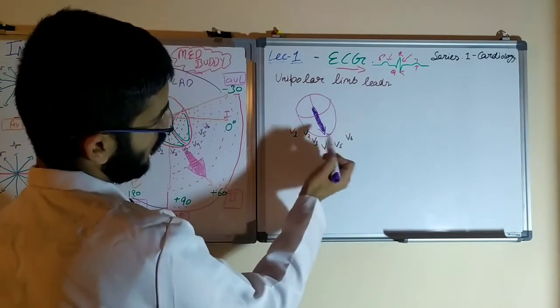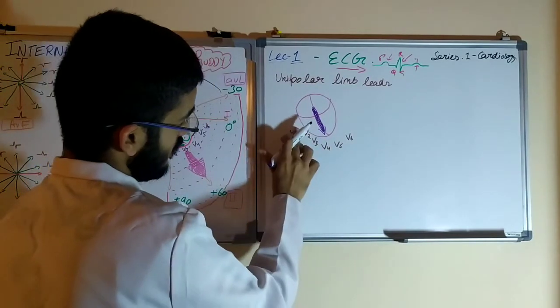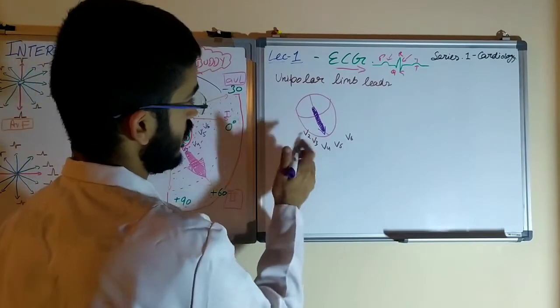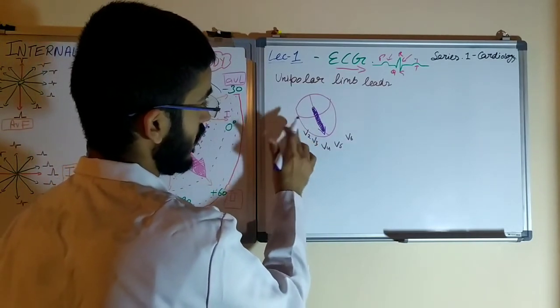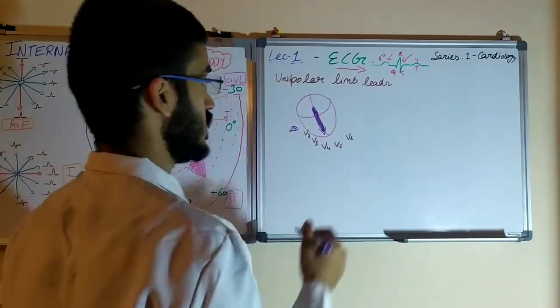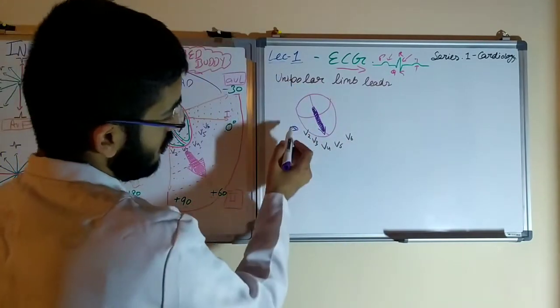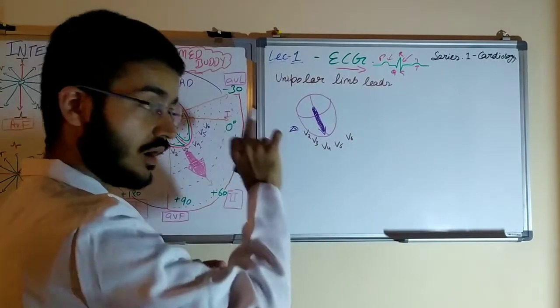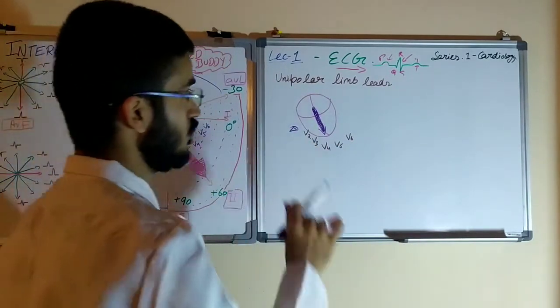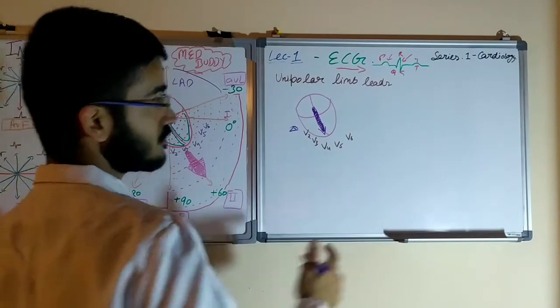You can easily observe that this V1 lead is not directly in the direction of the largest vector, but a larger component of this vector is moving away from the lead and a smaller component is towards the lead.